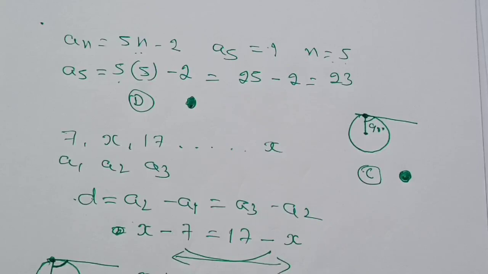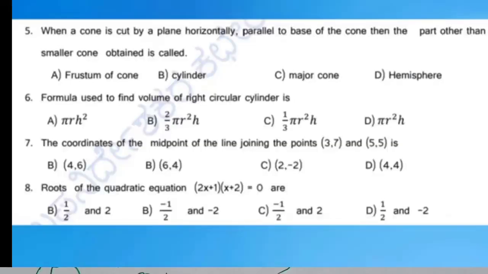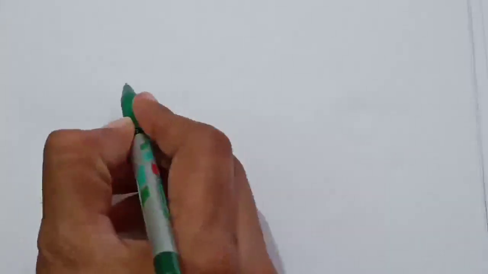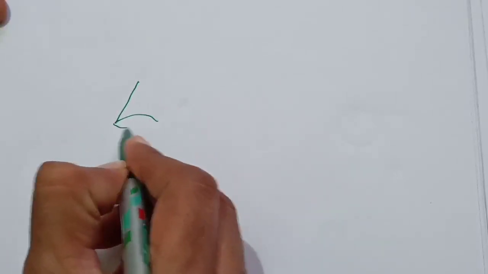Okay, let me move to the next question, children. When a cone is cut by a plane horizontally parallel to the base of the cone, then the part other than the smaller cone obtained is called. Now I think you know, see, if the cone has been cut, let me write. Okay, simple. So now this is a cone.